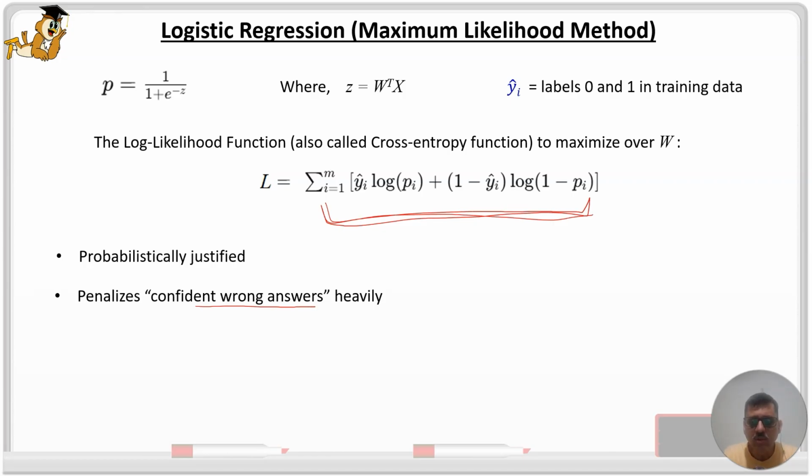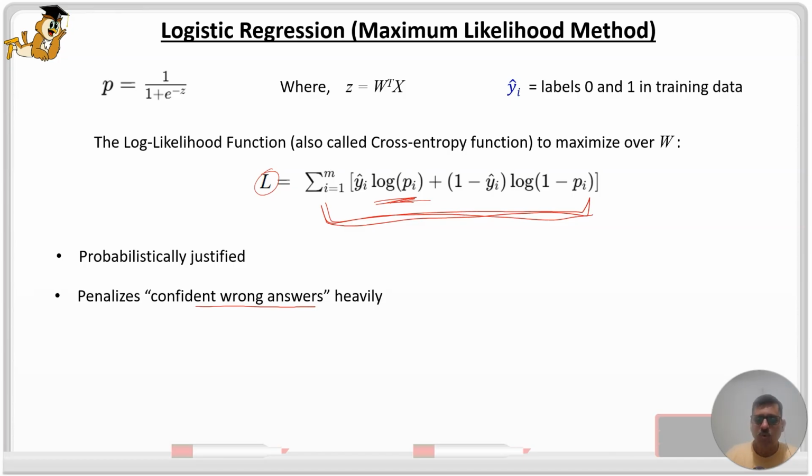So suppose you are in a situation where y hat is 0 for a particular point and pi is close to 1. This quantity imposes a heavy penalization in the sense it goes in the opposite direction of where you want it to be. You want to maximize this and you will suffer a penalty in the sense you would be dragged in the negative direction whenever y hat is 0 and pi is 1.